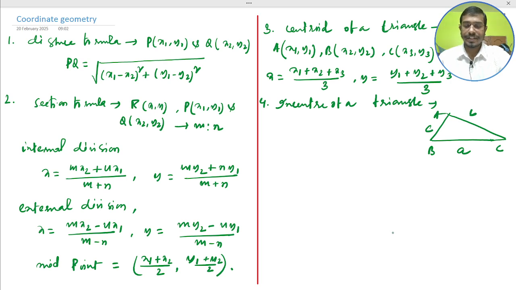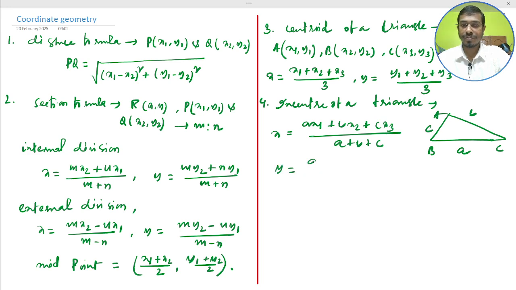Then incenter of the triangle means x equal to (a x1 plus b x2 plus c x3) divided by (a plus b plus c), and y equal to (a y1 plus b y2 plus c y3) divided by (a plus b plus c).